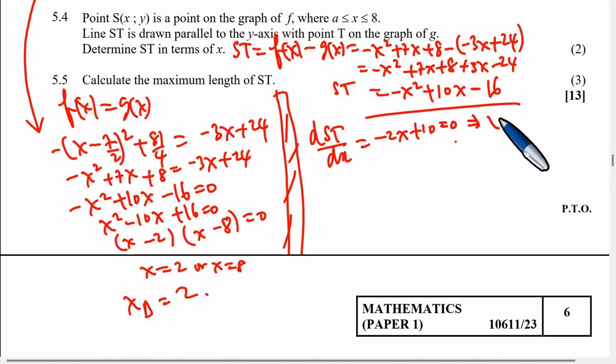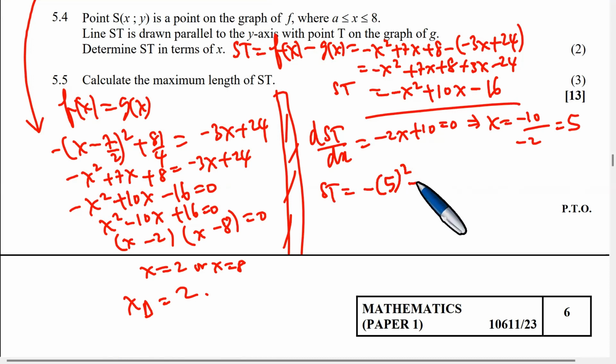This means x is what? It's 10 over 2, which is 5. Substituting into ST, minus 25 plus 50 minus 16, and therefore the answer is 9.